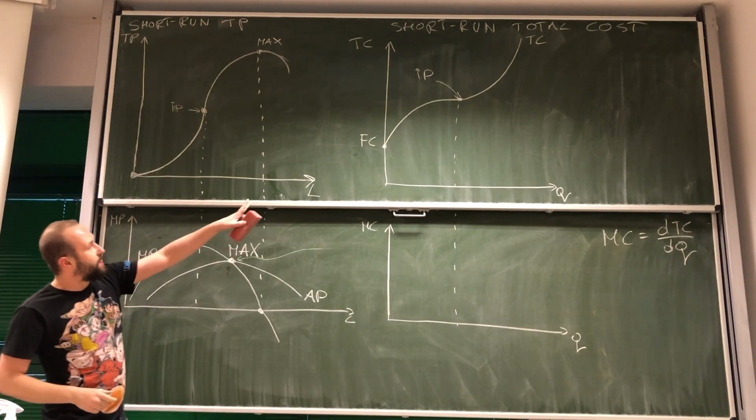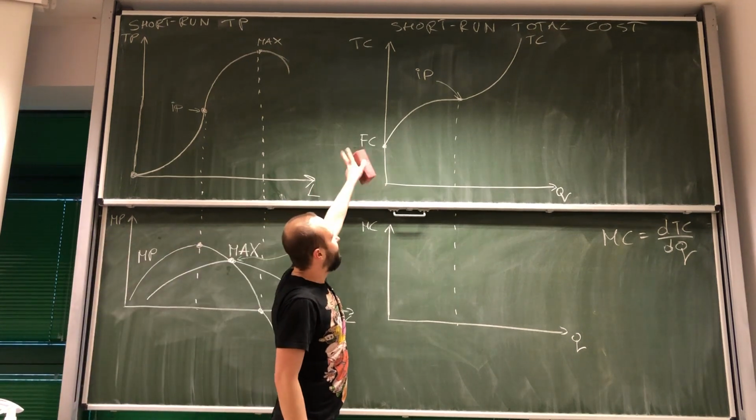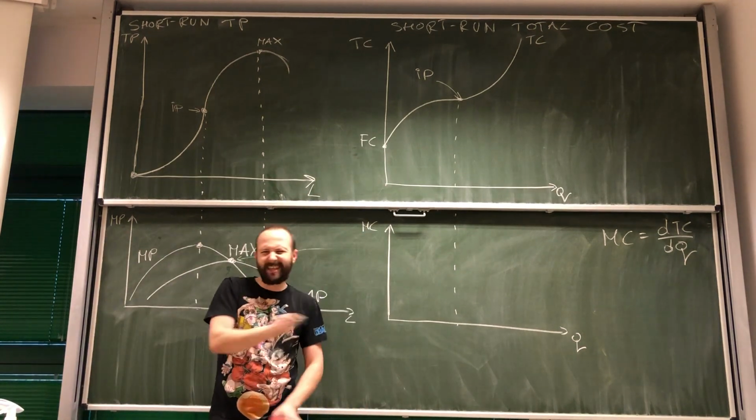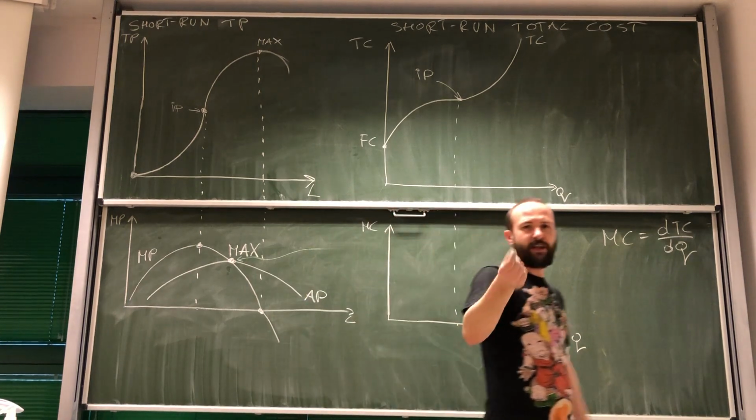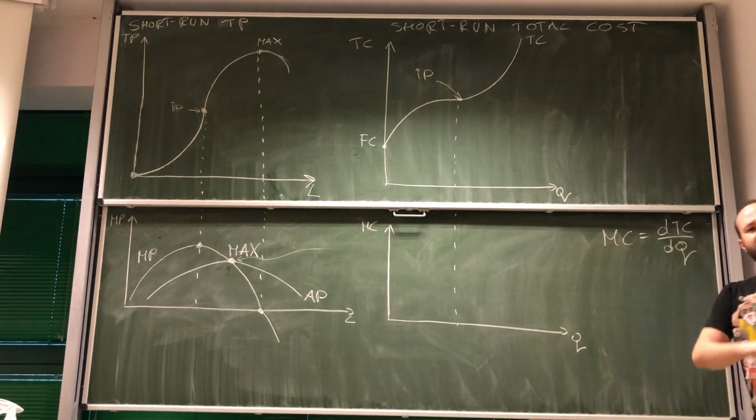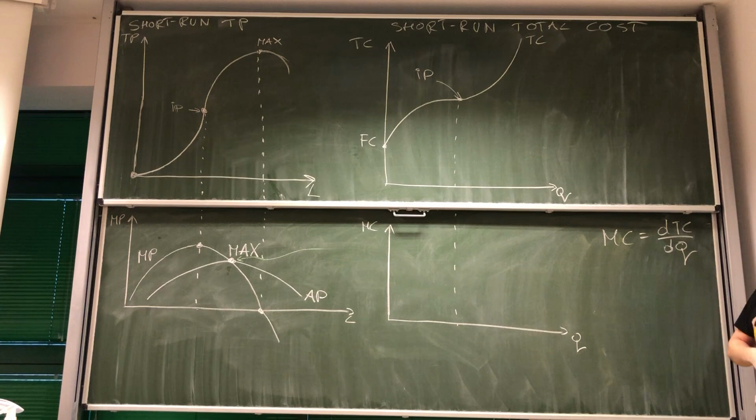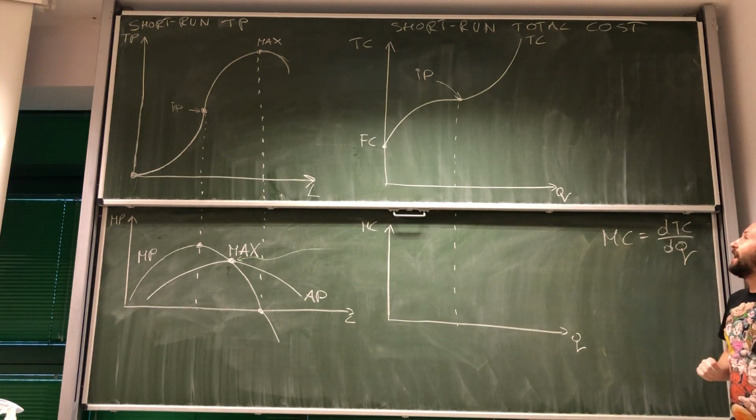If I want to put marginal cost over here. Now, at the beginning, look, fixed cost is fixed, right? If I differentiate a constant, which is fixed cost, it's going to be 0. It's not going to affect how the marginal cost should look.